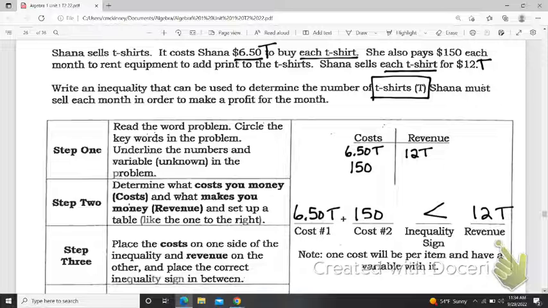And honestly, I kind of like to write this with the money coming in on the left, personally. I know that my revenue needs to be greater than my expenses. Either way you write it, the inequality needs to be open to the revenue, because that's the one we want to be greater.